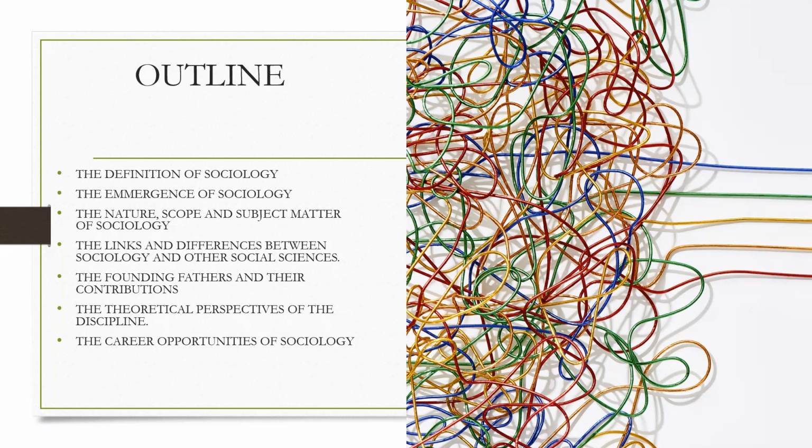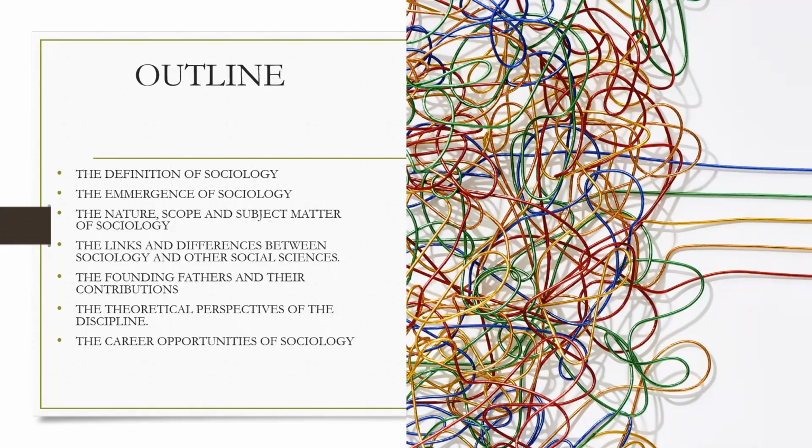So these are the 7 basic things that you must know in order to excel in your study of sociology. If you know all these things, every other thing that comes with sociology is founded on them.